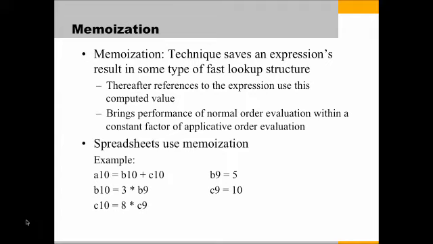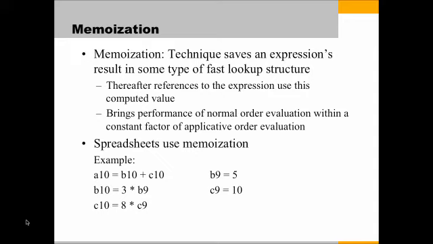However, if you actually use memoization, you can reduce that to linear time, because at most you would have to evaluate each Fibonacci number once, and then you would have it thereafter. So that's why we say it brings normal order evaluation within a constant factor of applicative order evaluation.